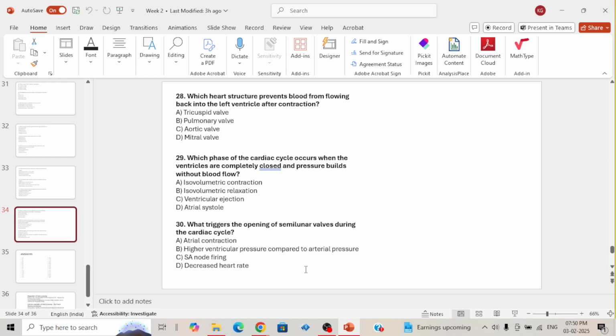This is true. है ना, वेंट्रिकल में प्रेशर बढ़ेगा तो और एट्रिया में प्रेशर कम है, तभी तो सेमिलुनर वॉल्स जो है वो ओपन हो जाएंगी. ठीक, क्योंकि ब्लड विल ट्राई टू फ्लो फ्रॉम हाई प्रेशर टू लो प्रेशर. ठीक है. एसए नोड फायरिंग से कुछ नहीं होता, एसए नोड फायरिंग एट्रियम्स को कॉन्ट्रैक्ट करने में हेल्प करती है. जो वेंट्रिकुलर कॉन्ट्रैक्शन होता है दैट इज बिकॉज ऑफ द कंडक्शन इन द पुरकिंजे फाइबर्स. ठीक है, एंड डिक्रीज हार्ट रेट. This is not at all relevant.